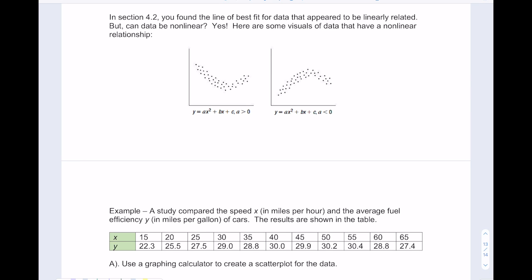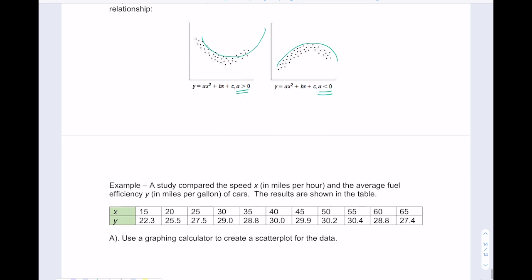So here in the graph on the left, A is positive. As you can see, it kind of looks like a U going up, right? So concave up. And then here A is negative, and you can kind of see it's concave down and has a maximum, right? So let's look at an example.